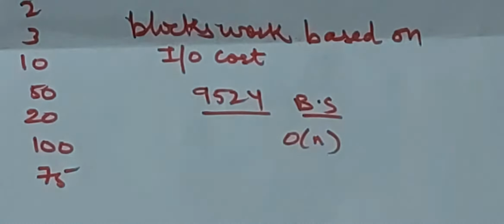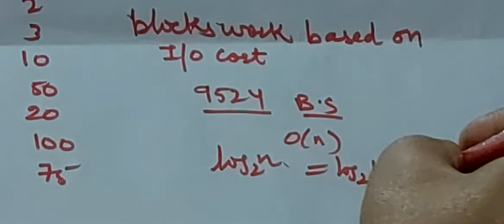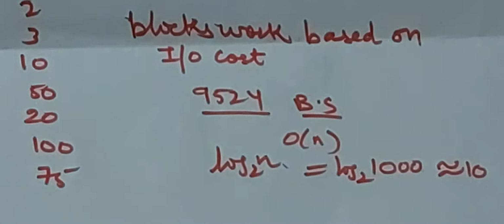If I'm talking about the sorted way, then I can apply binary search, which is log 2 n. With 1000 blocks, log 2 1000 is nearly equal to 10. So I have to search only 10 blocks in the worst case.